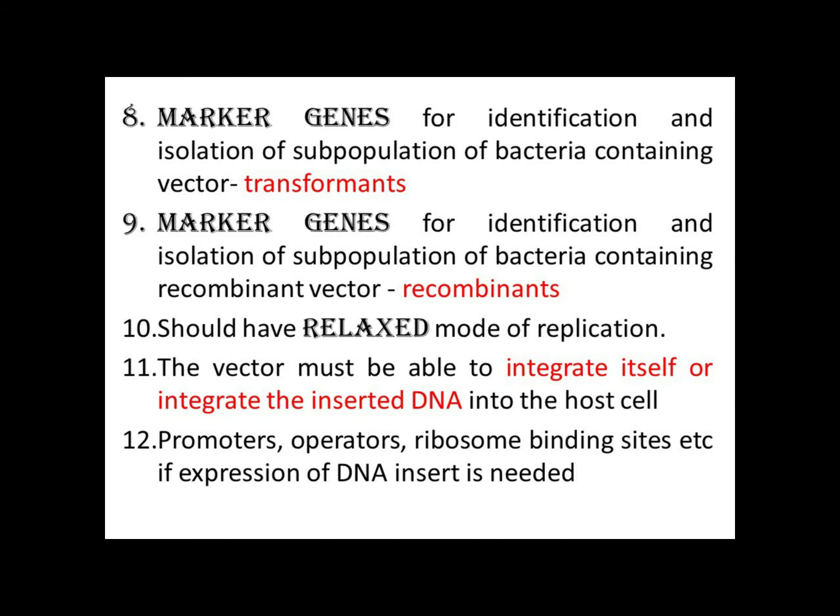Next, there should be marker genes. What are marker genes? The entire process is multi-stepped, and our final aim is that the foreign DNA should enter into the host cell along with the vector. In many steps, 100% efficiency cannot be obtained.